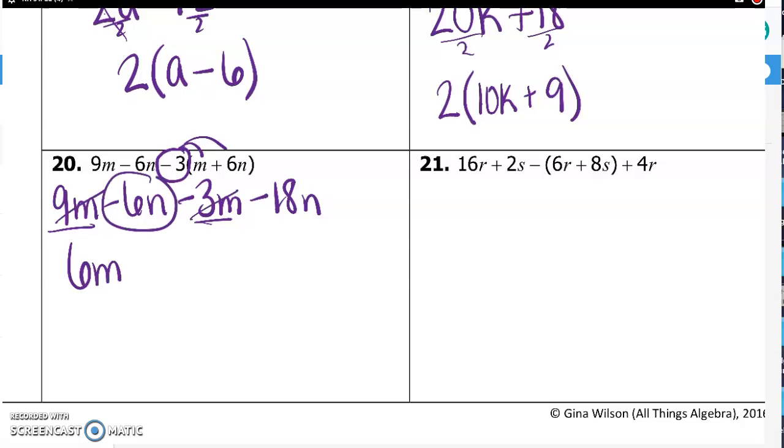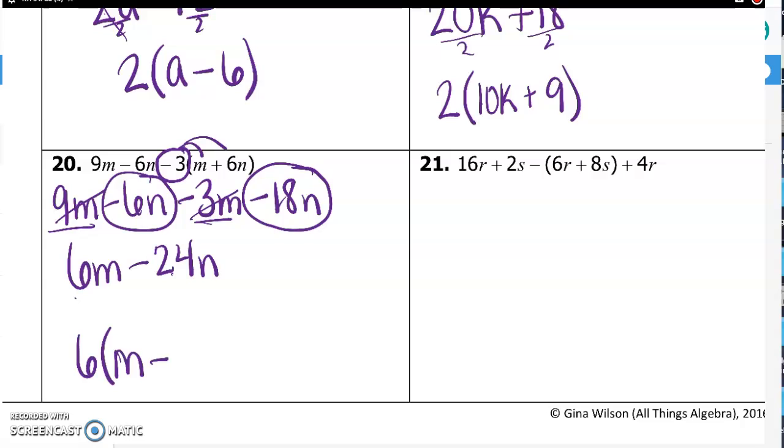Your n's, we have negative 6 minus 18 gives us negative 24n. 6 does go into 24, so 6 is the number we can write. So the only thing we need left is the m. Minus 6 times 4 is 24, and then don't forget the n as well. If you would rather show that you're dividing by 6 in order to get your inside terms, that's fine too.